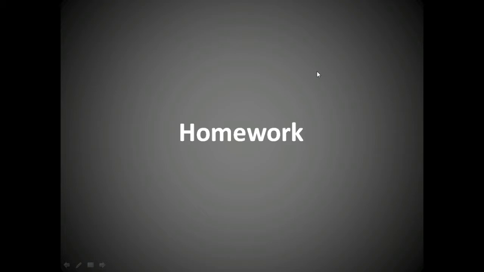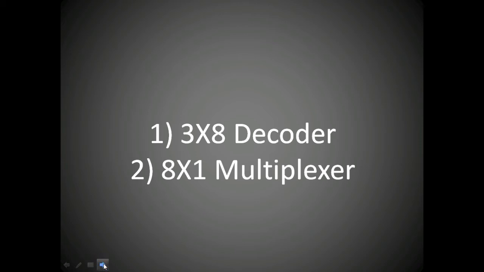So in decoder I have taught you 2 into 4 decoder, that means 2 input and 4 output decoder, how the 2 inputs are converted into 4 outputs. So the block diagram, truth table and logic circuit diagram you have to do as a homework for 3 into 8 decoder, that means 3 input and 8 output.